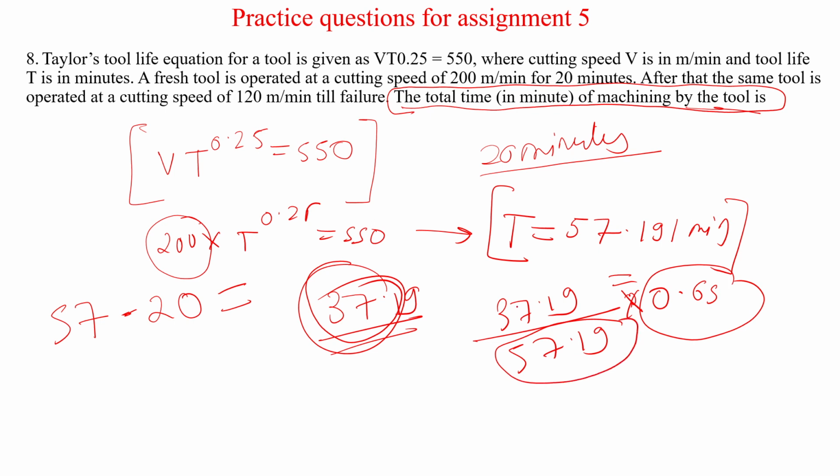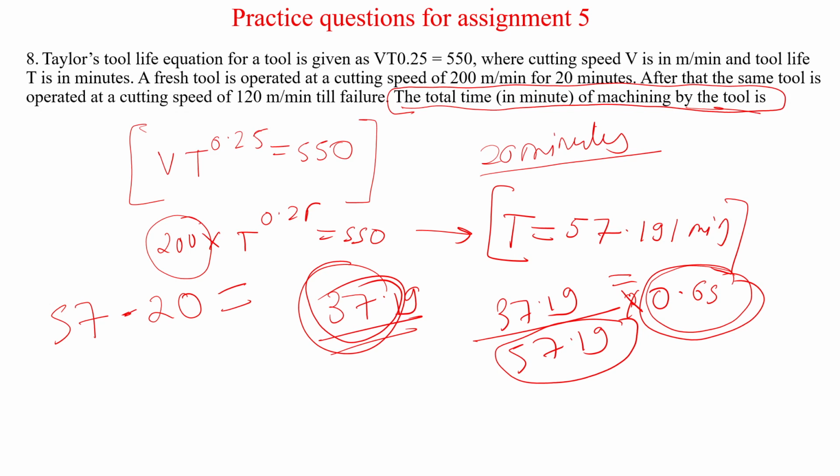Out of 57, 20 has already been machined, so 37 is left. To determine the fraction where machining is not done, which is the leftover time upon total time, 37 upon 57 is 0.65. This 0.65 is the fraction of tool life which is not machined yet.